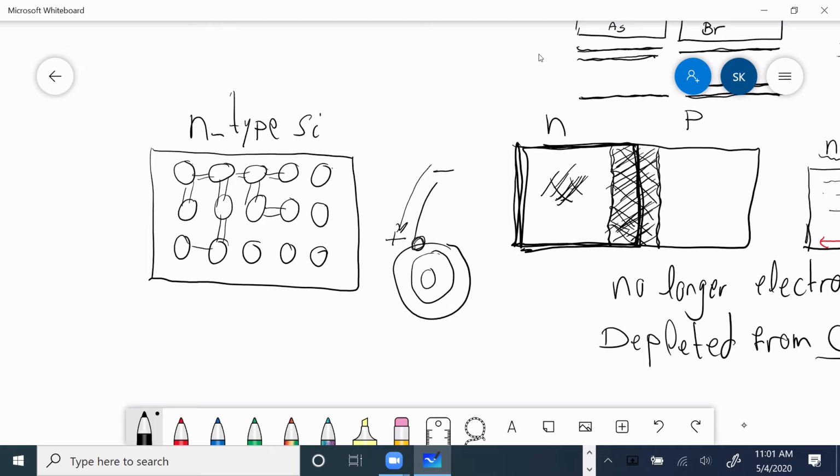This is how our N-type material was originally. But then in this structure, there were foreign atoms, because it's N-type. Because N-type, there are foreign atoms.